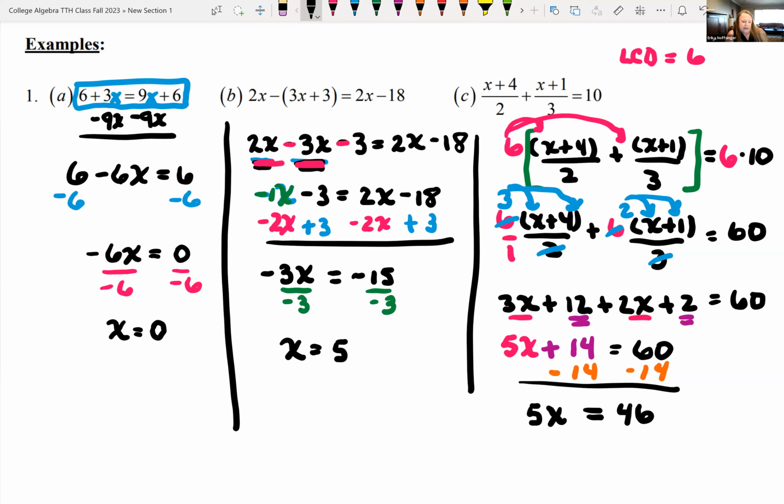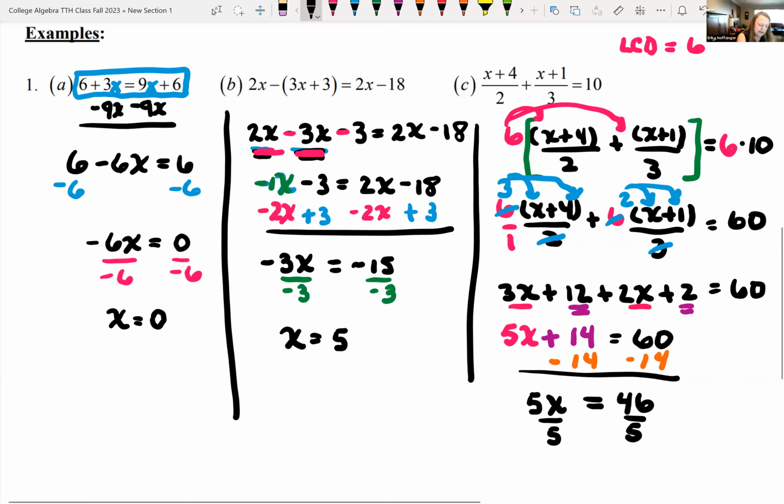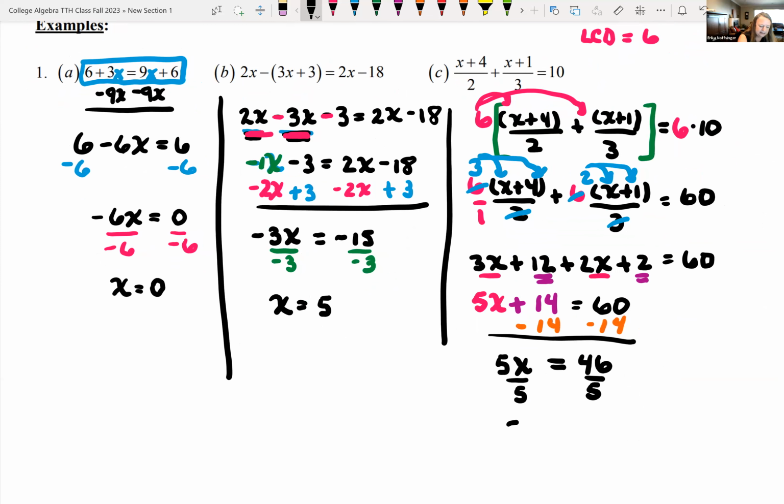Okay, so divide both sides by 5. And we get that x is equal to 46 fifths. Okay, so I'm questioning myself.